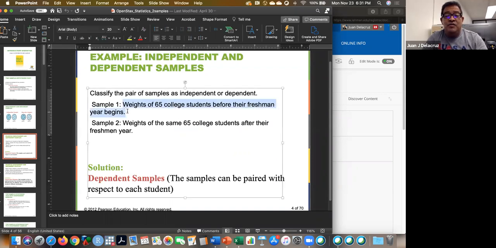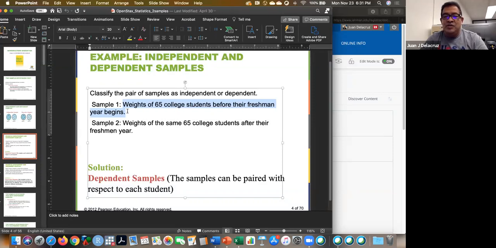Weights of 65 college students before their freshman year begins, and then the weights of the same 65 college students after the freshman year began. Of course, we are measuring the weights of students before and after.